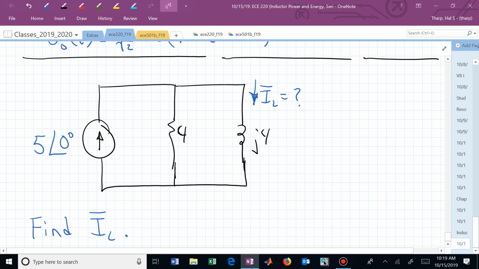We have a current divider. We simply apply our known current divider formula, but now we use complex impedances. We use complex numbers. But now we would find I sub L. I sub L is now going to be 4 over 4 plus j4, 5 at 0 degrees.